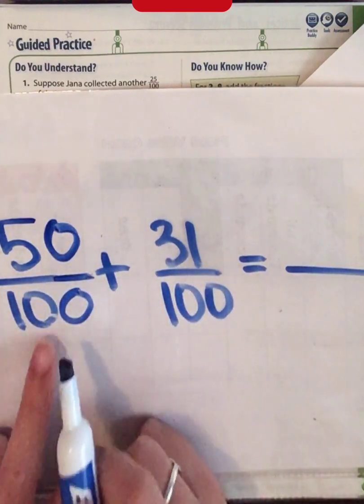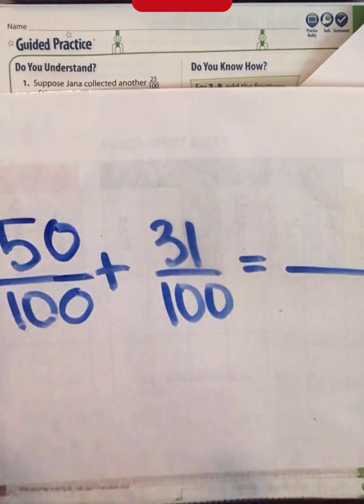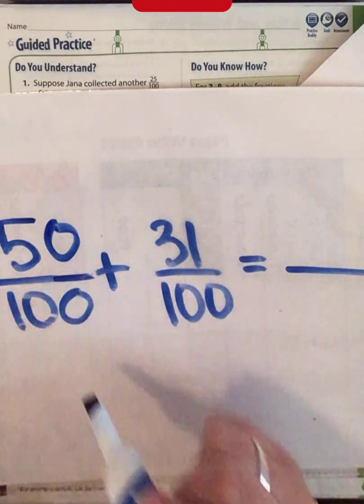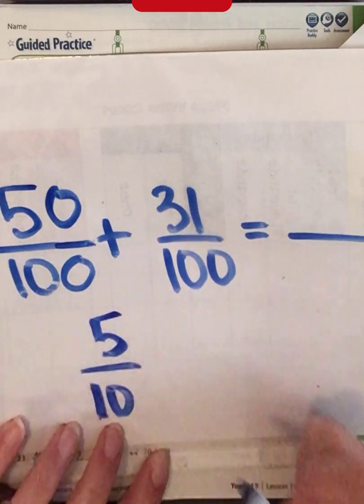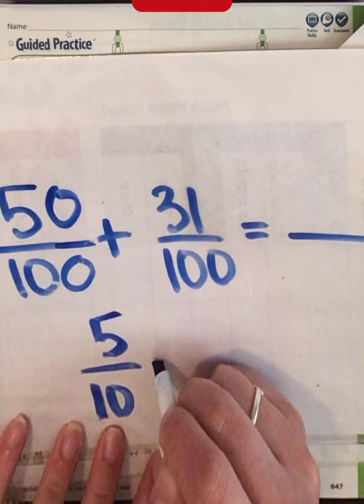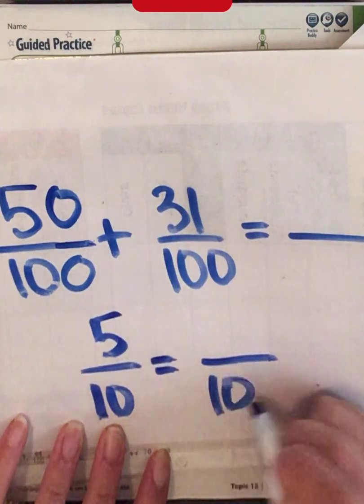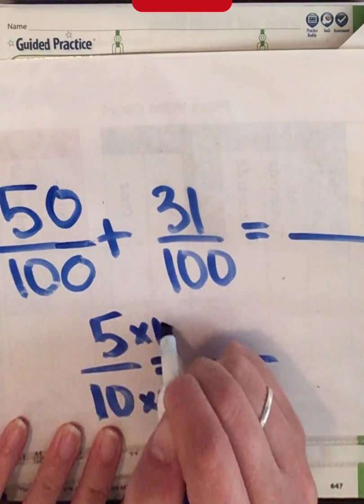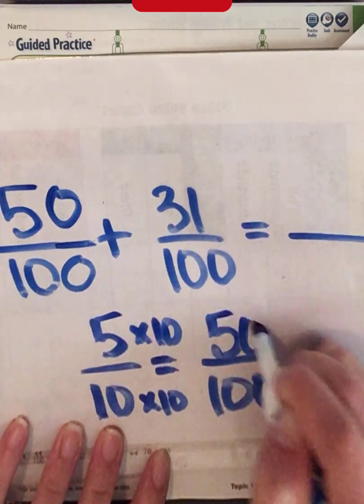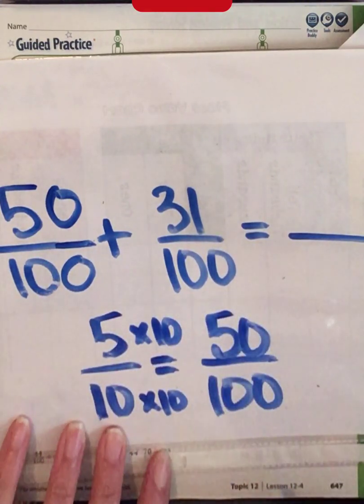If I want to go from tenths to hundredths, I can just add a 0 on top and bottom. And I'll show you why. 5 tenths equal to hundredths, we can totally do that. We would multiply by 10. When we multiply by 10, we essentially are just adding a 0.